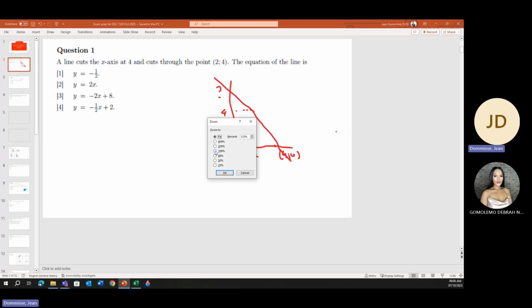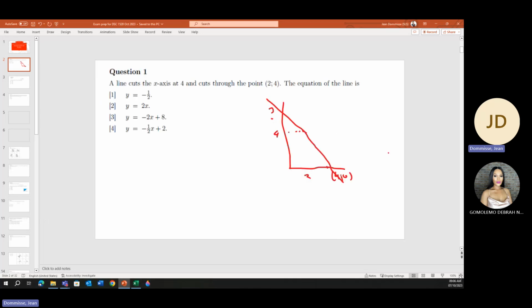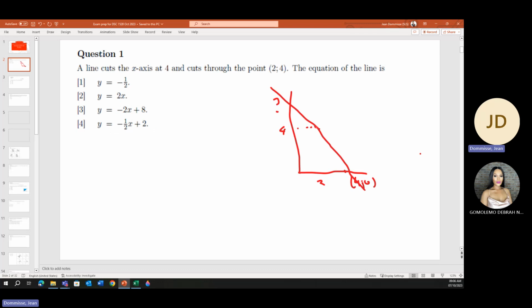So the first thing that I would look at is, okay, so that is 2, that is 4, so my y cutoff will be bigger than 4. So when I look through these options, that's not the option, that's not the option, that's not the option. So we're nearly only sitting with option 3. But let's go through all the processes.